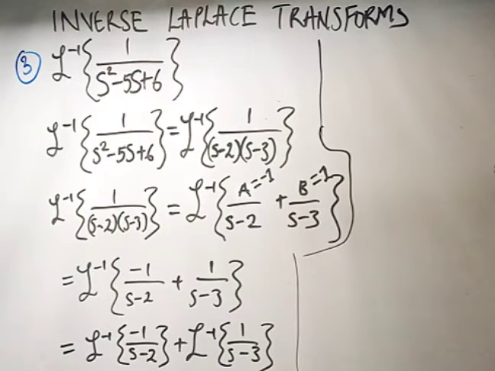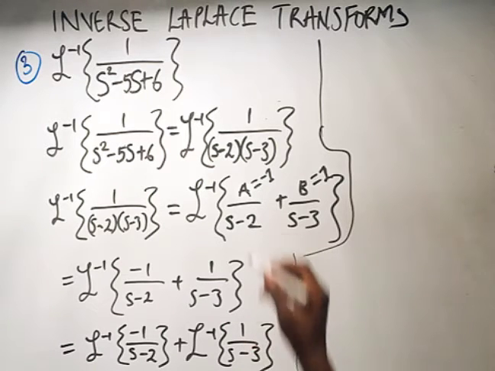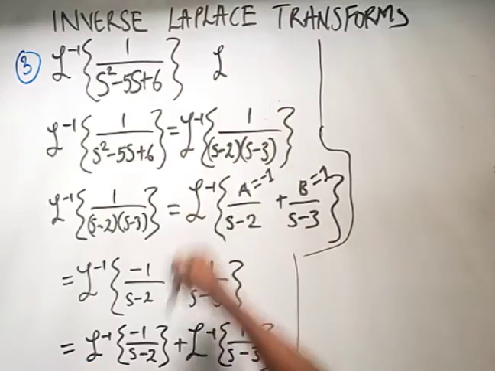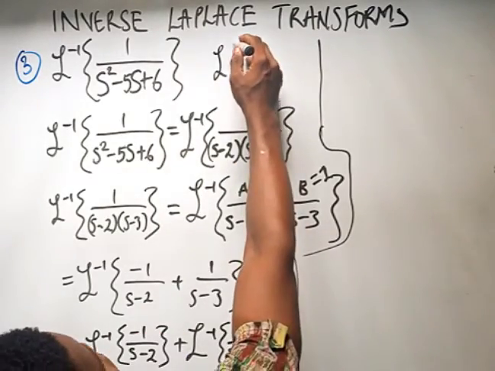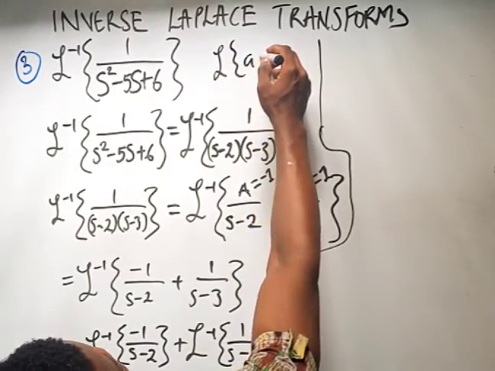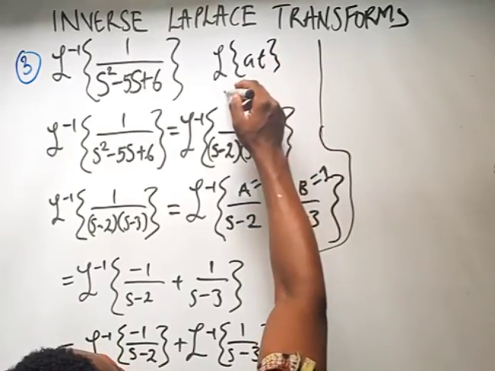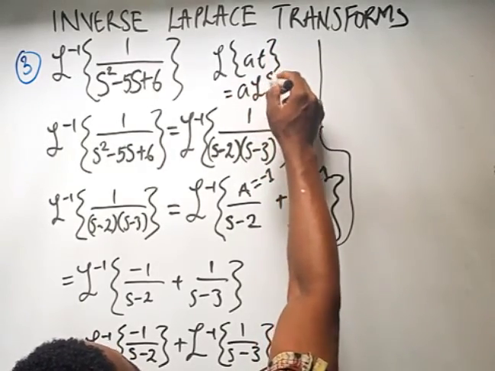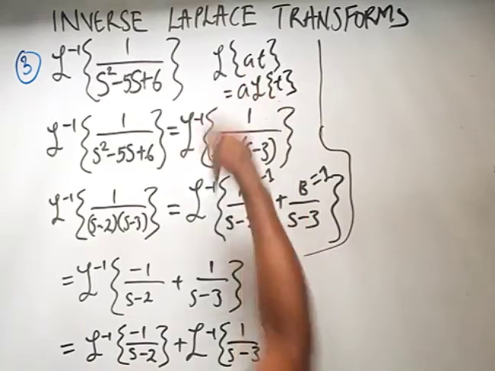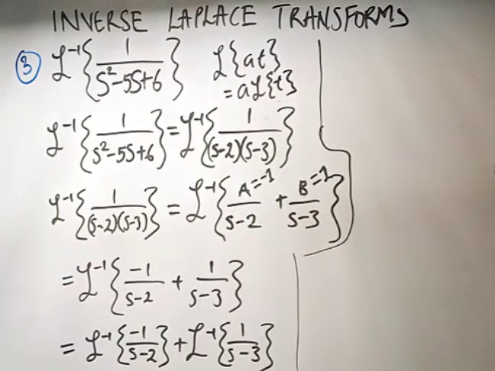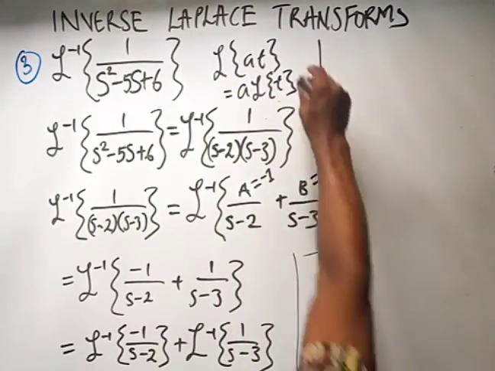Another thing we should know is that when we have the Laplace transform of a constant multiple of a particular function, then you just have to take out the constant. It also works for the Laplace inverse, so I'm just using Laplace transform all the time. For example, if you have this, it's the same thing as a times the Laplace transform of t, just factoring out the constant, where a is a constant and t is the variable of consideration.